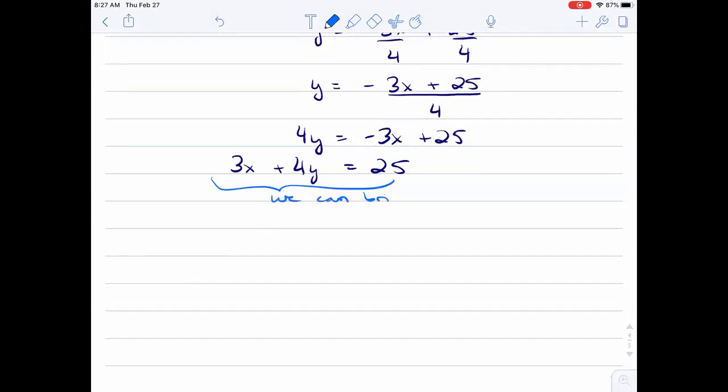We can bring it back to an implicit function if we want to.